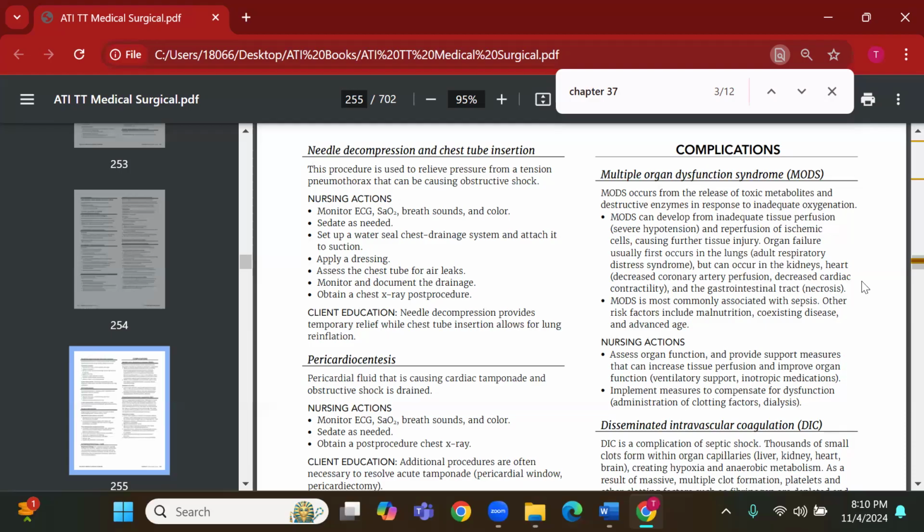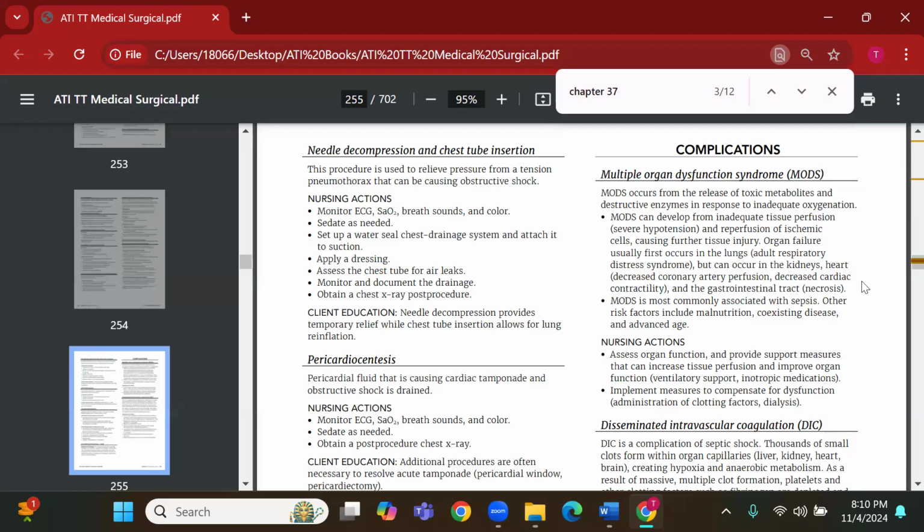Organ failure usually first occurs in the lungs, okay, and adult respiratory distress syndrome, but can occur in the kidneys and the heart and the GI tract. MODS is most commonly associated with sepsis. So usually if you go into septic shock, your body will have multiple organ dysfunction. Other risk factors include malnutrition, coexisting disease, and advanced aging.